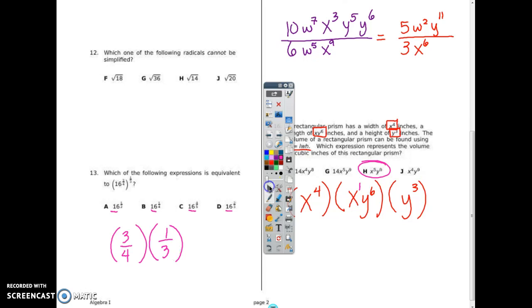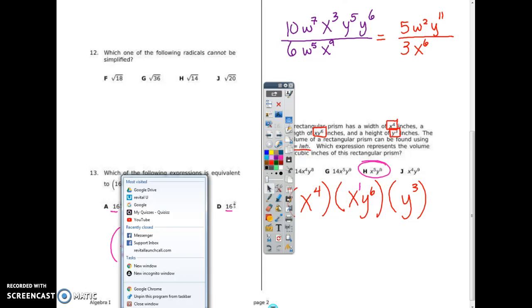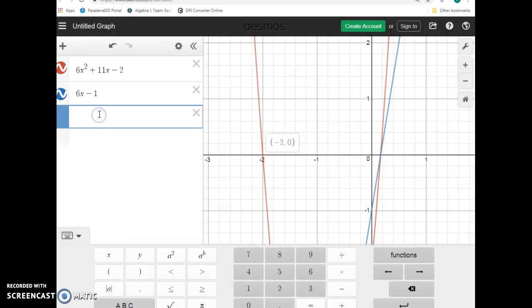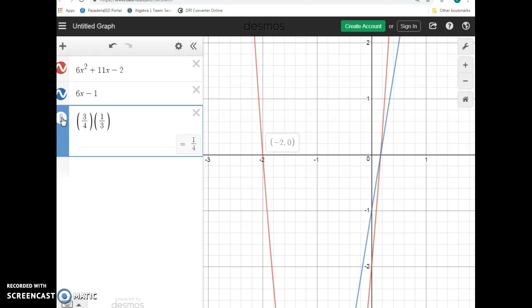Okay? And you can put that in decimals and reduce it in decimals right here. You can put parentheses, 3/4, close parentheses, and then parentheses 1/3, close parentheses, and then press the fraction button so that it gives you the fraction, which is 1/4.